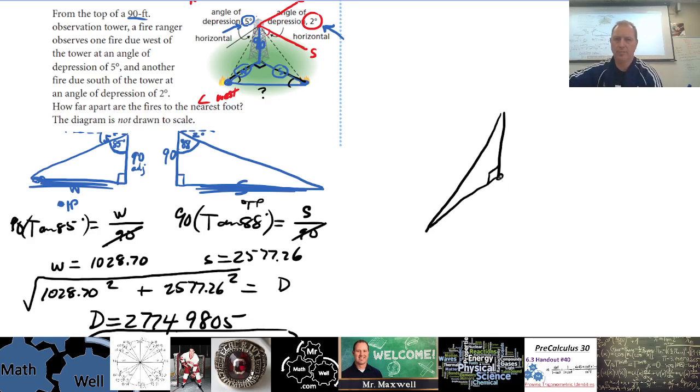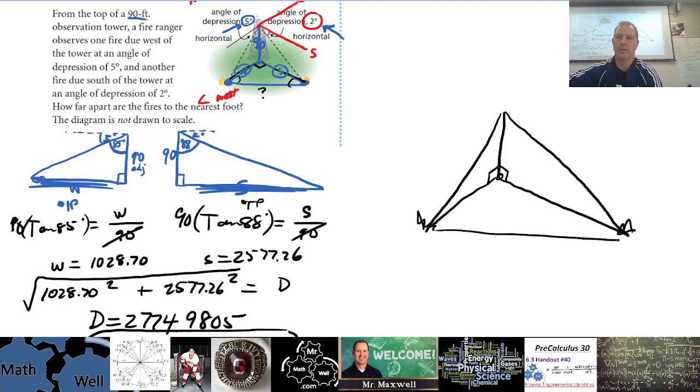This one here, these are the two triangles drawn in a three-dimensional way. And here's the fire and the fire. To draw the square, draw it parallel with this side, and then this one parallel with this side.